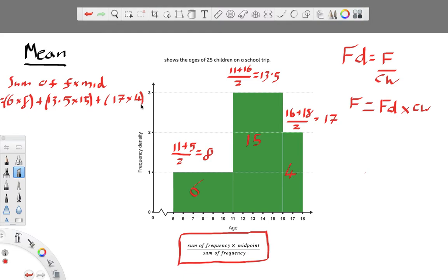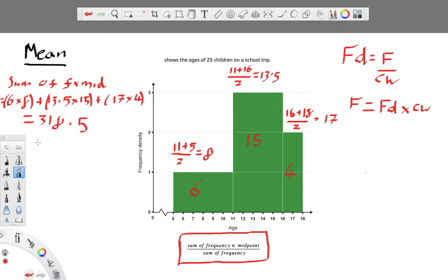So 6 times 8 plus 13.5 times 15 plus 17 times 4. And that pops out at 318.5. So that's the top part of our fraction.